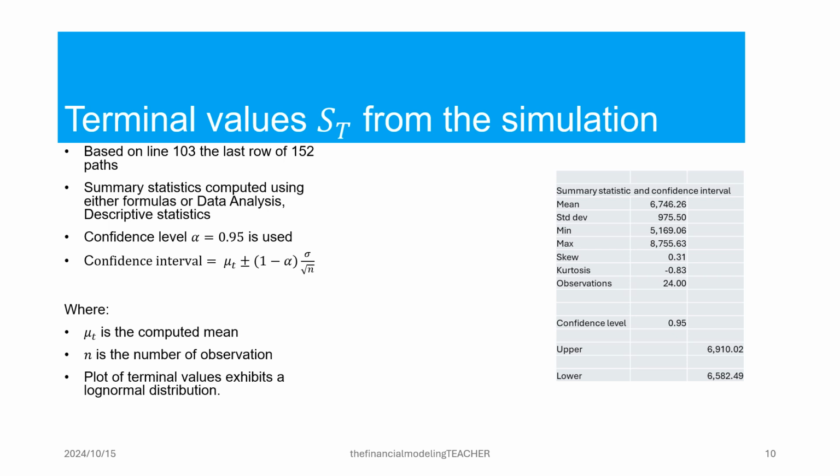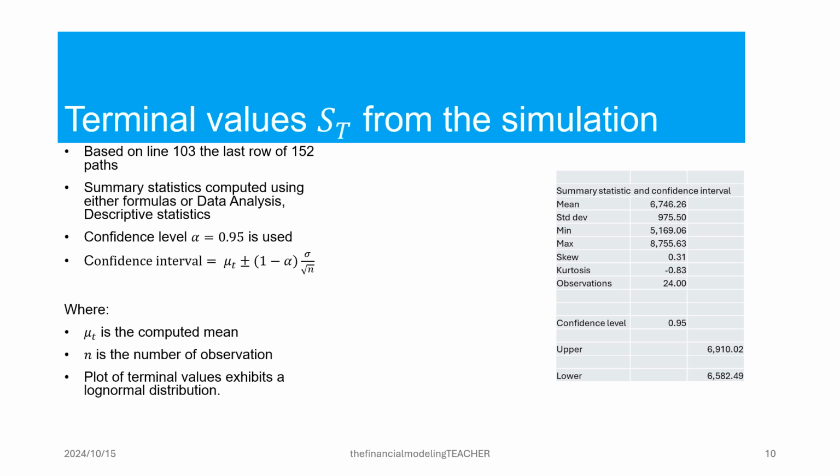To the far right of our worksheet on this slide, we have an extract from the Excel spreadsheet where we computed the mean, the standard deviation, the minimum price, the maximum price based on that row, the skewness, the kurtosis, and a total number of about 24 observations.